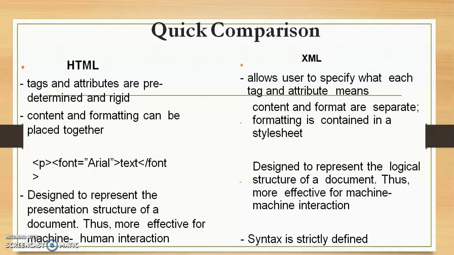The formatting is contained in a separate style sheet. HTML is designed to represent the presentation structure of the document, thus more effective for machine-to-human interaction, whereas XML is designed to represent the logical structure of a document, thus more effective for machine-to-machine interaction. In XML, the syntax is strictly defined.